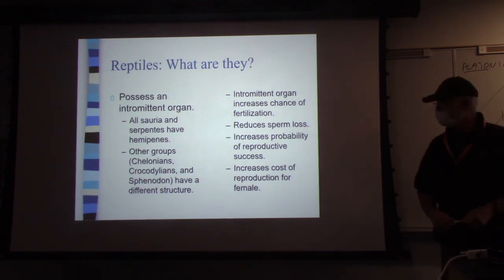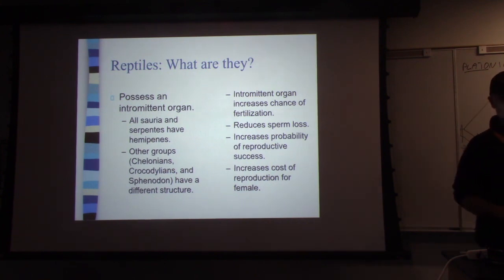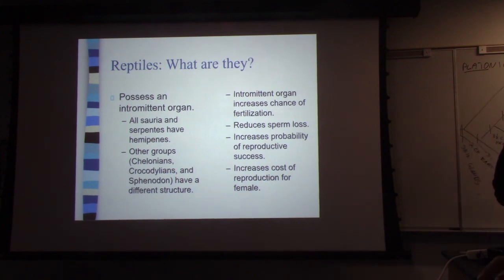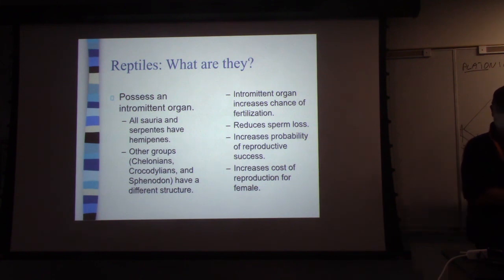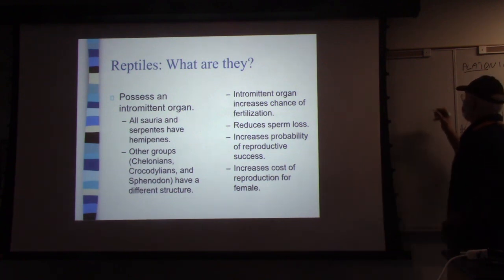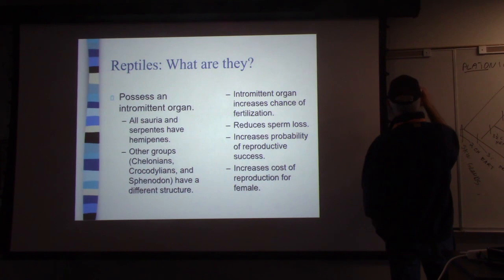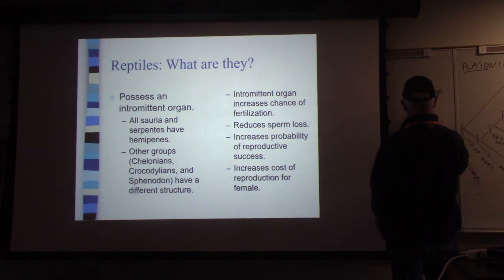Don't some reptiles have the temperature of the eggs determine the sex? Yes, that's true in turtles, and that's true in crocodilians and a number of other reptiles as well. They have temperature-dependent sex determination.